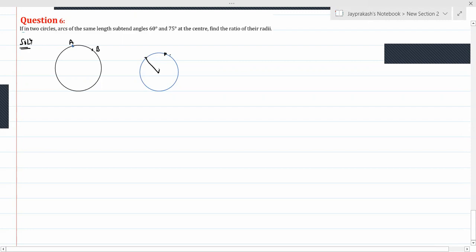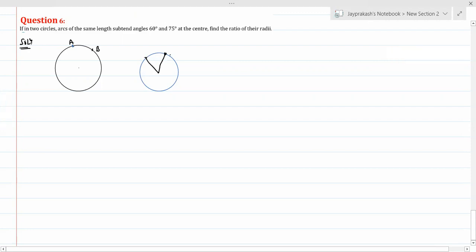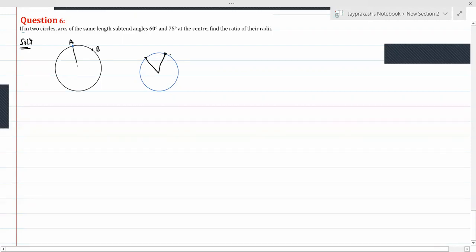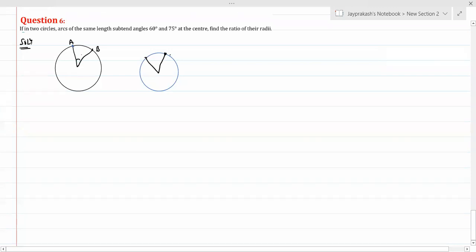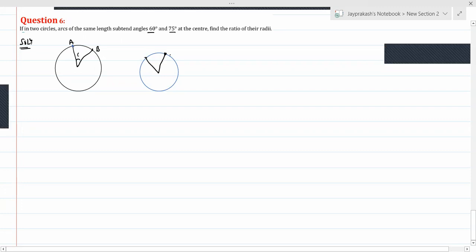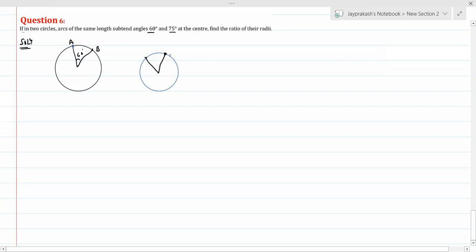So these are the angles subtended by the larger one and the smaller one. Here let us assume they are subtending angles, two circles of the same length subtending the angles 60 degree and 75 degree. So let us suppose one is 60 degree and the other is 75 degree.